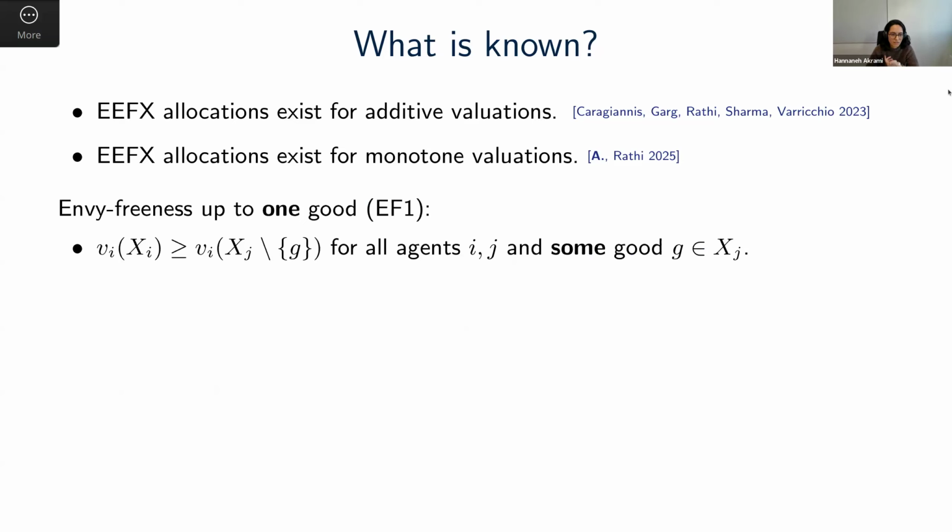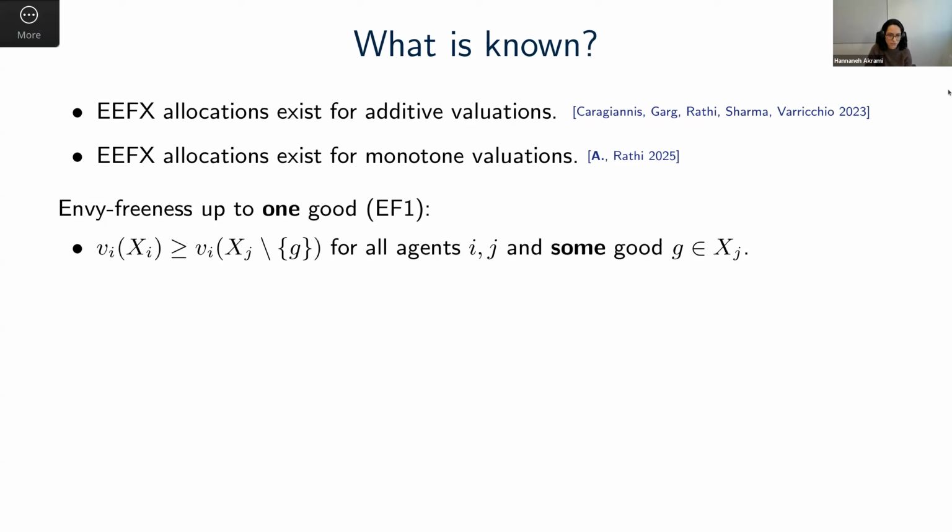And that definition is envy-freeness up to 1 good, or EF1. An allocation is EF1 if, again, envy from agent i to agent j is allowed, but this time there must exist a good in agent j's bundle such that if we remove that good, the envy is also removed. So it is weaker than EFX.